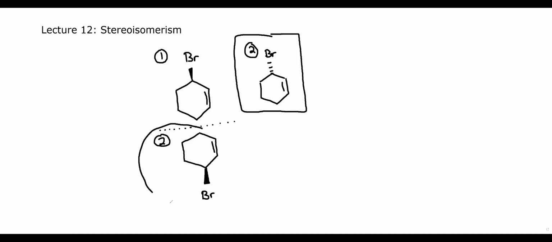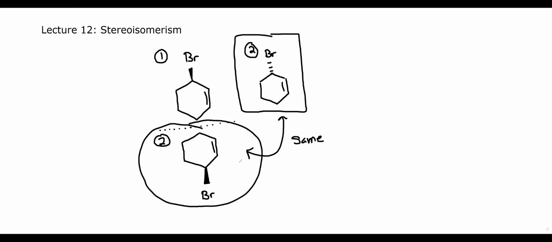And I got down here the 2 in a circle by drawing the mirror image. So hopefully you can see that 2 in the box and 2 in the circle are exactly the same, just drawn differently.